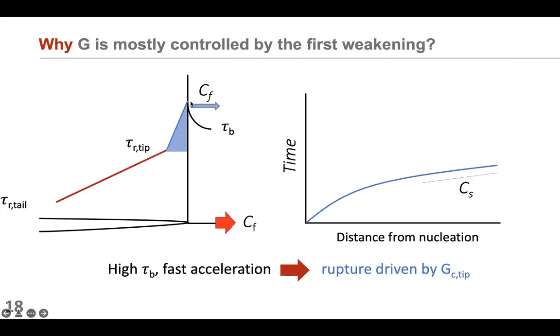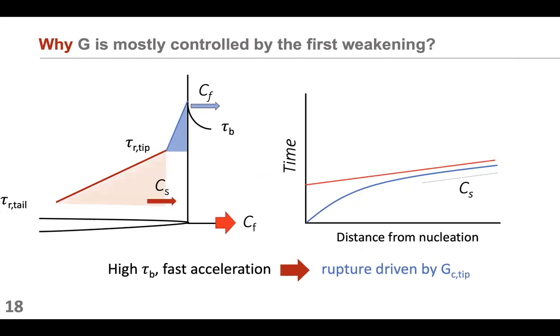And in fact, if the initial stress along the fault, the background stress, is relatively high, so if the initial energy in the medium is high enough, the accelerations of the rupture front as a function of distance from the nucleation are very strong.